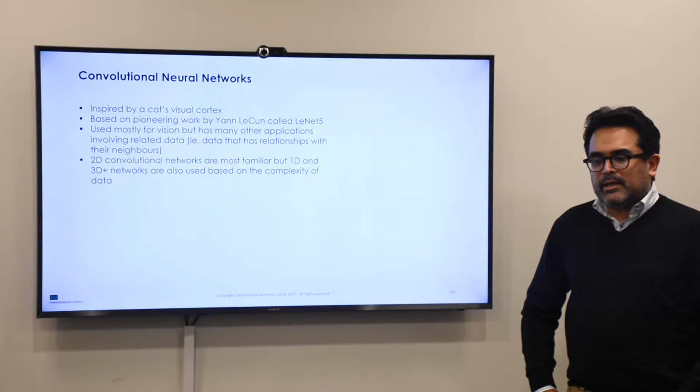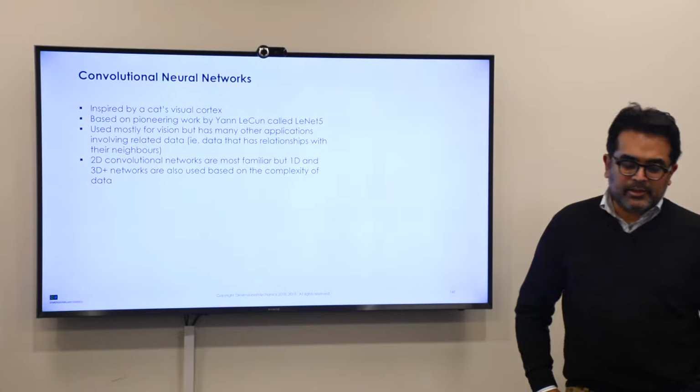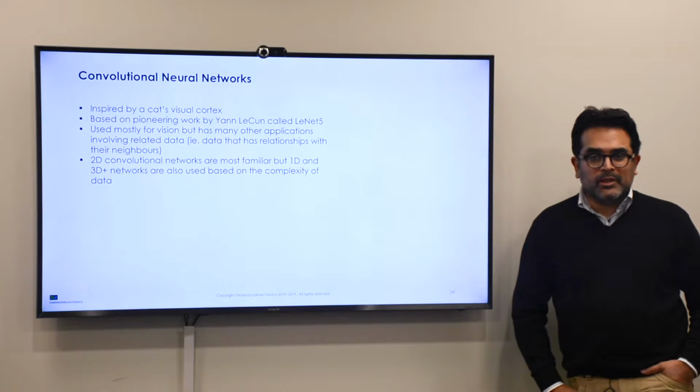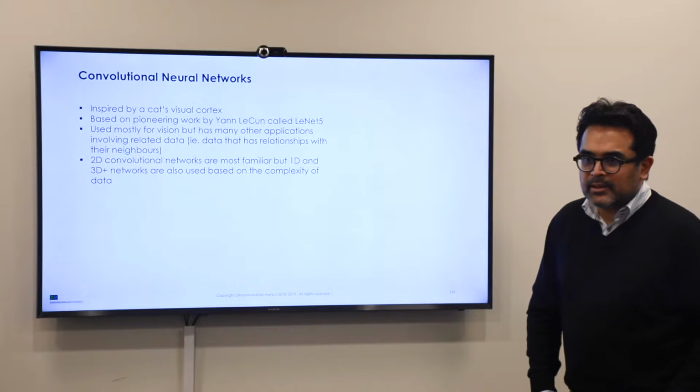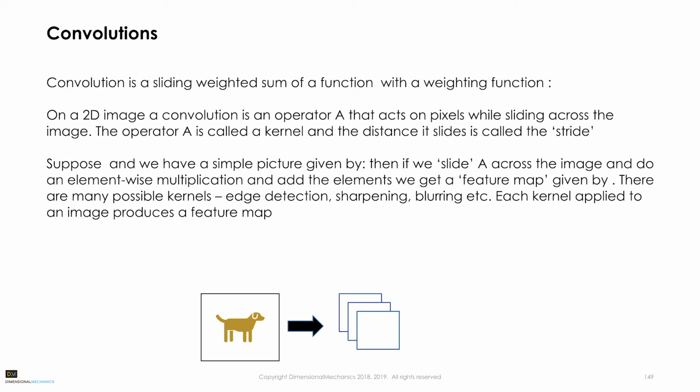Some of the standard benchmarks would be things like CIFAR10 and CIFAR100. They're standard data sets to see how good your models are. As you increase the dimensions in a convolutional neural network, you can model more and more complex things. You can add time elements, space elements, all kinds of things like that.